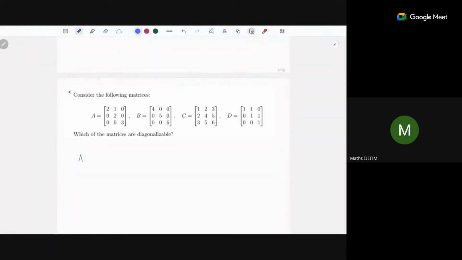So let me take a table A, B, C, D. The eigenvalues for A are 2, 2, 3. Similarly, for B, it is 4, 5, 6. They are all simple eigenvalues. For D, it is 1, 1, 1. Now, what about C?